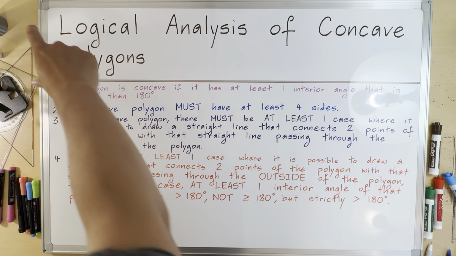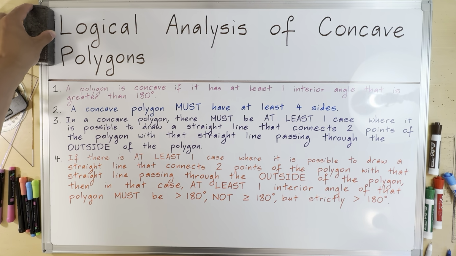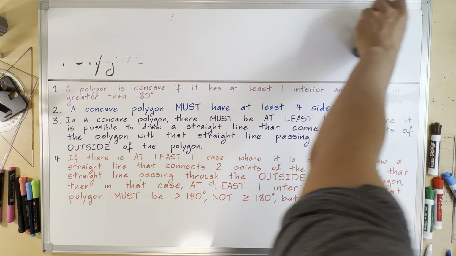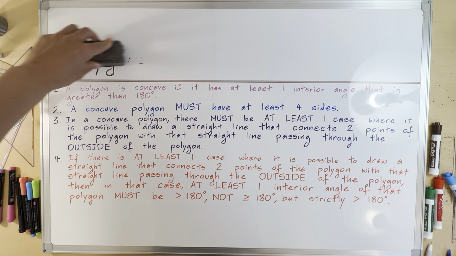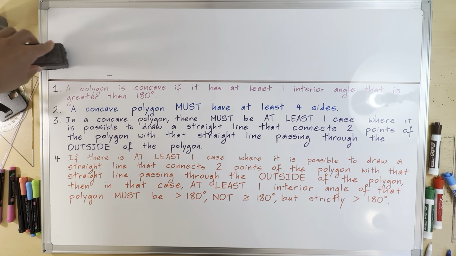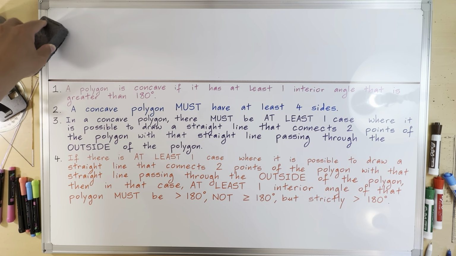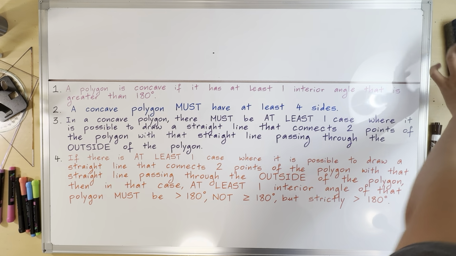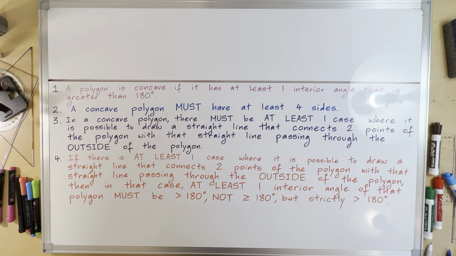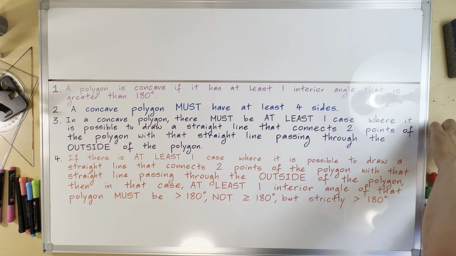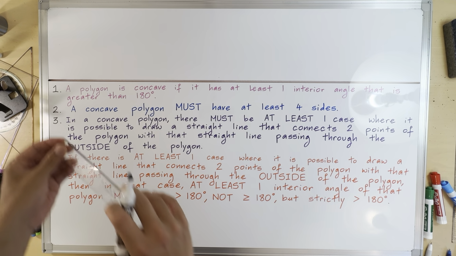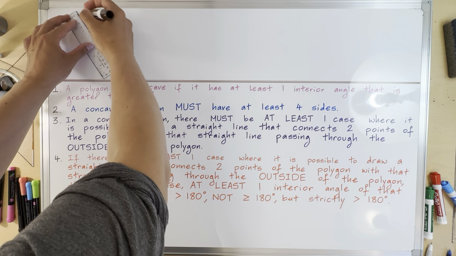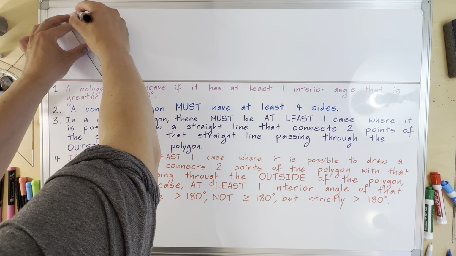So now I'm going to erase the title in order to make space to draw 3 polygons, all of which are concave, in order to illustrate this example. So first of all, let's suppose we have this random shape right here.